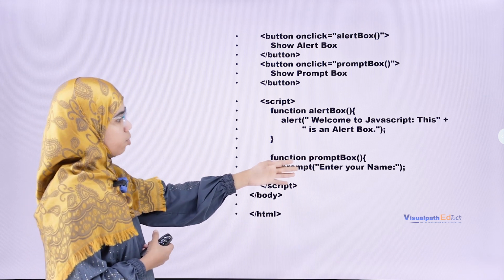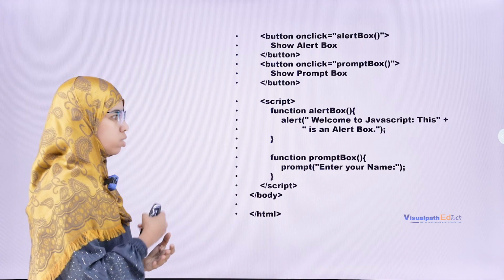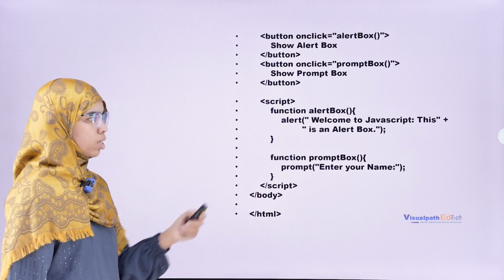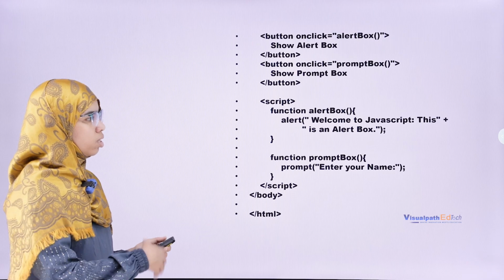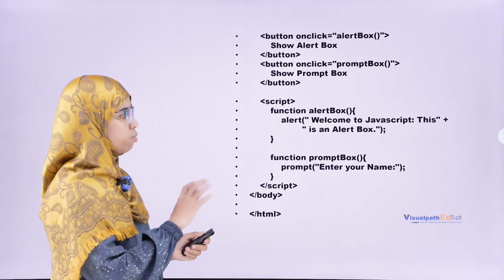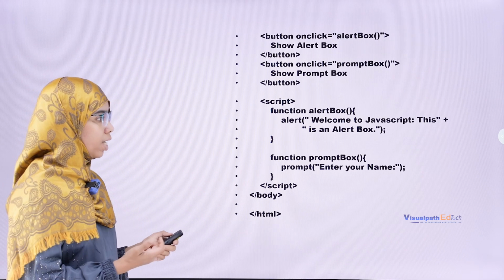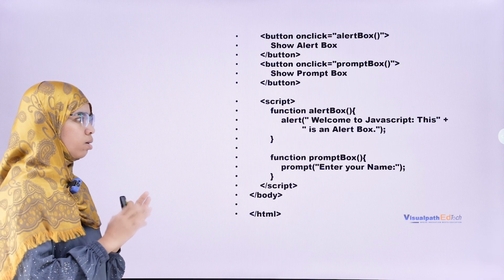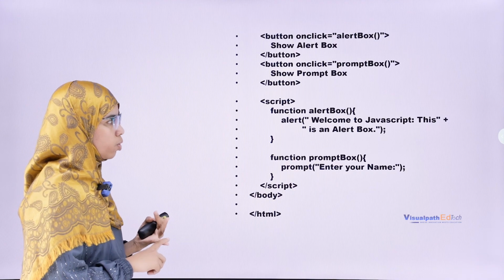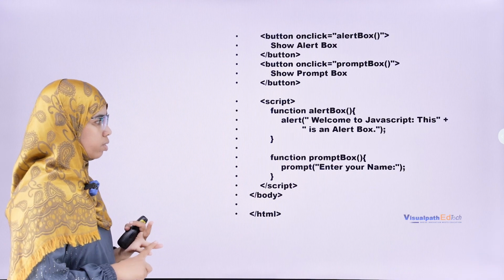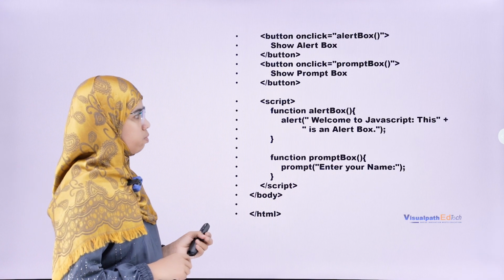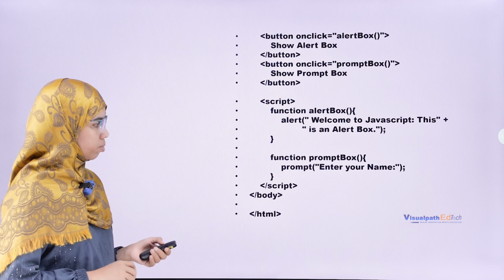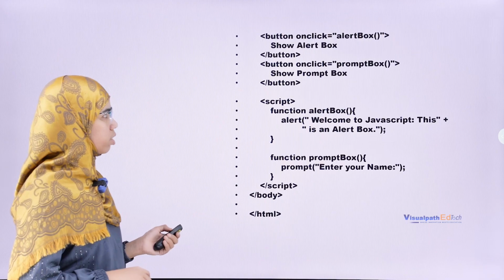And in the prompt box, there is a message given to the user, and until data has been entered in response to the message given in the prompt, the page will not move, the window will not be highlighted, and no changes can be made until the user has responded to the prompt as well as the alert boxes. So this is a small example with respect to the alert box as well as the prompt box. You will see the execution of it.